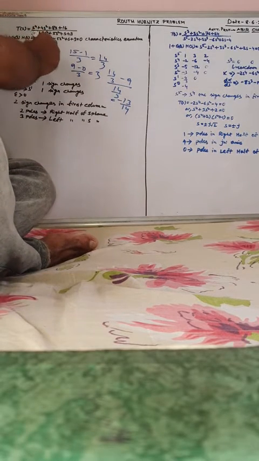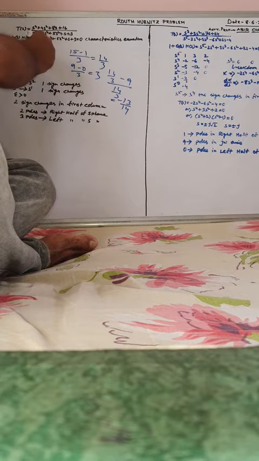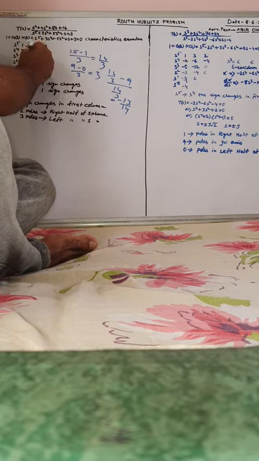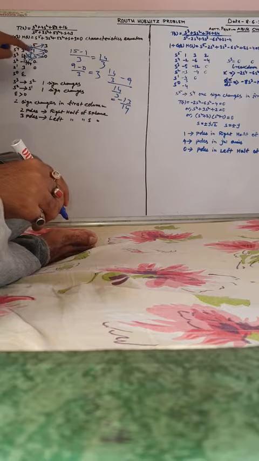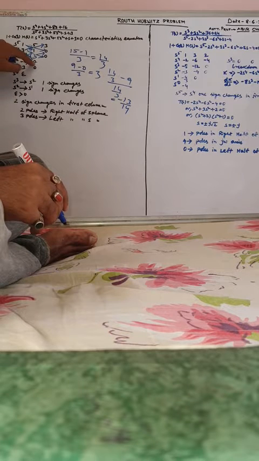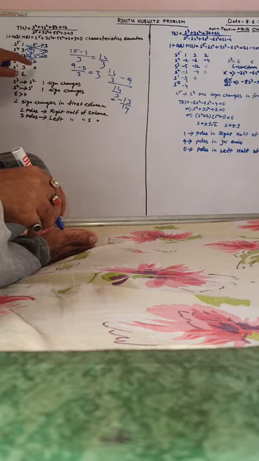Again here, 14 by 3 into 0 minus 3 into 0, so it is 0.